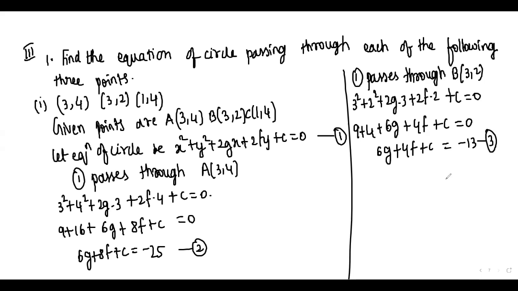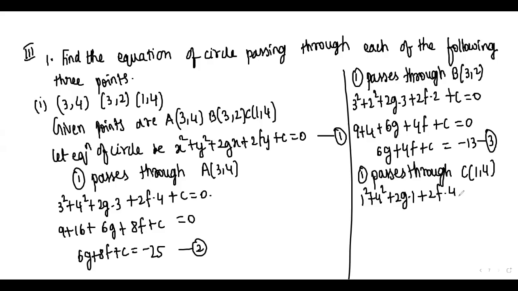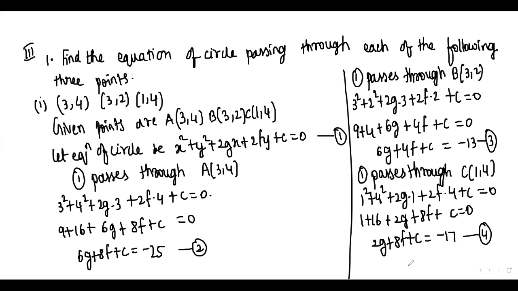This is equation number 3. Now equation number 1 passes through C (1, 4). So you get 1 square plus 4 square plus 2g into 1 plus 2f into 4 plus c equals to 0. So 1 plus 16 plus 2g plus 8f plus c is 0. So you get 2g plus 8f plus c equals to minus 17. This is equation number 4.